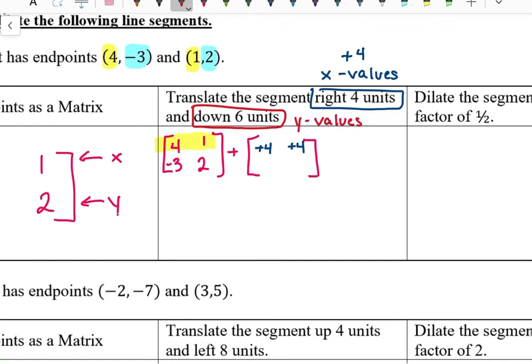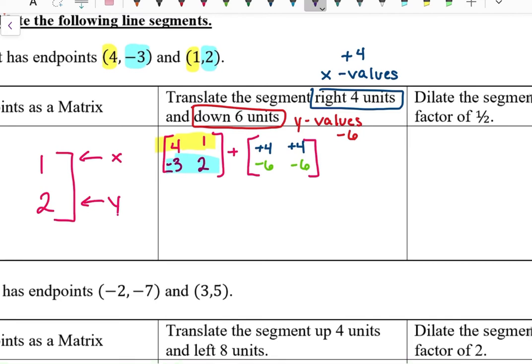And if I'm going down, I'm getting more negative. So that'll be subtracting 6 from those y values. Remember that y values are on the bottom, so I'm going to want to make sure that I'm affecting the bottom row. So I'm going to put -6 on the bottom row because I want to go down on the y's. Now all I need to do is simplify that.